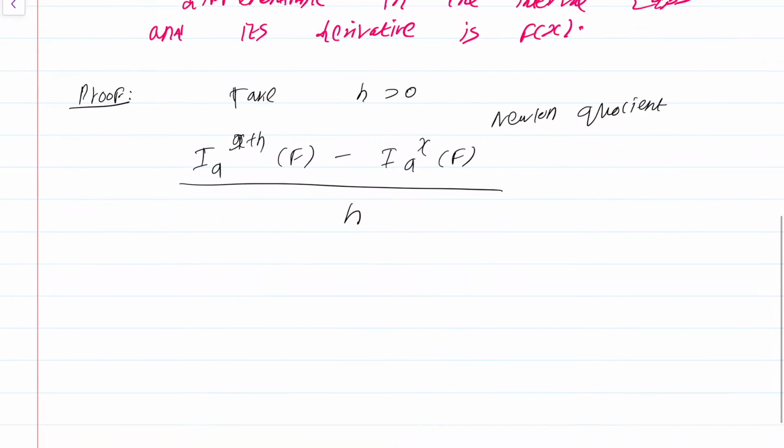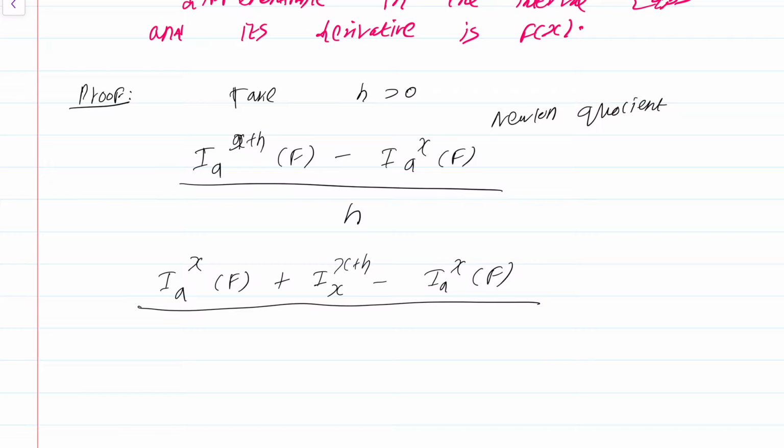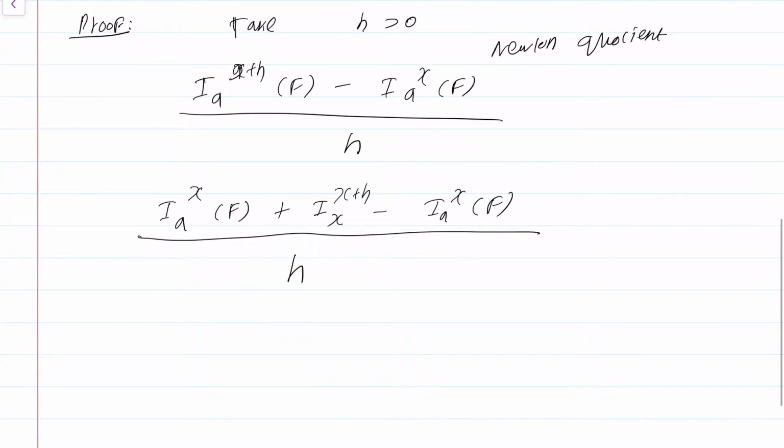Now here is where things get a bit helpful because we have the properties that we need. We can write I_a,x+h of f as I_ax of f plus I_x,x+h of f. This is just by property 2 of the function I_ab or I_ax here.